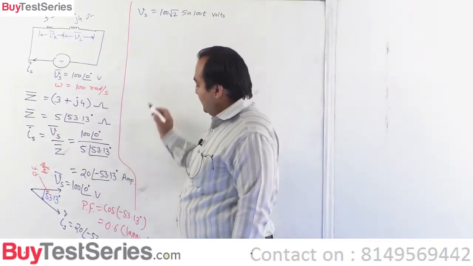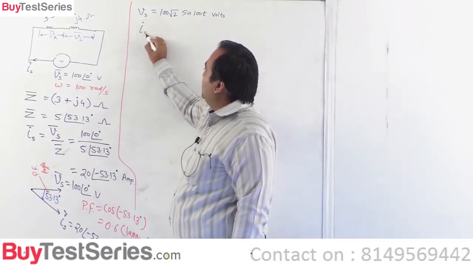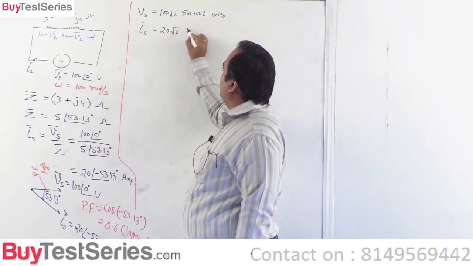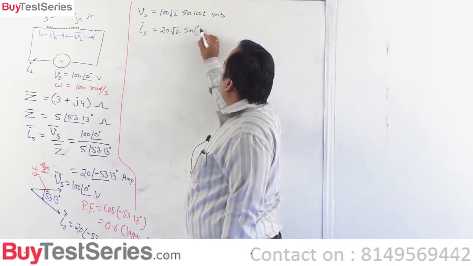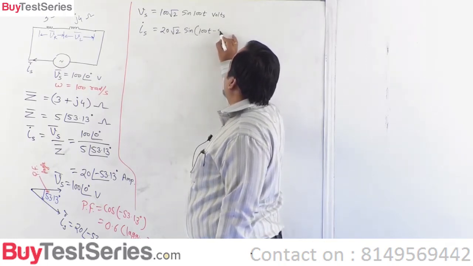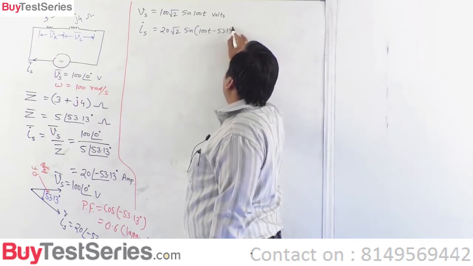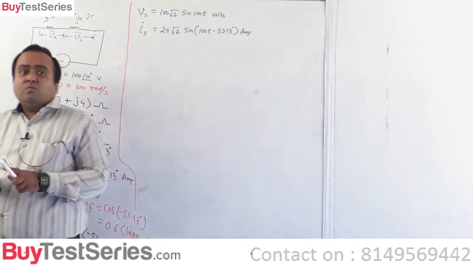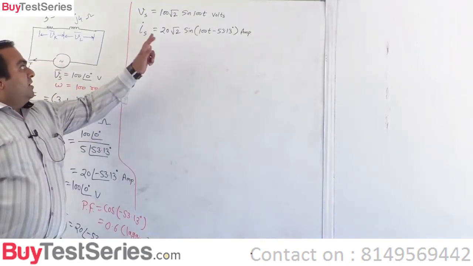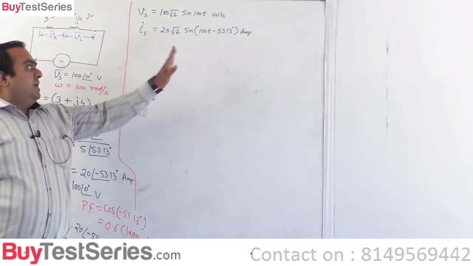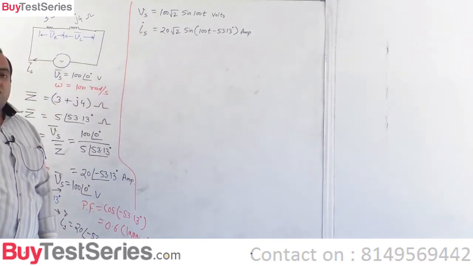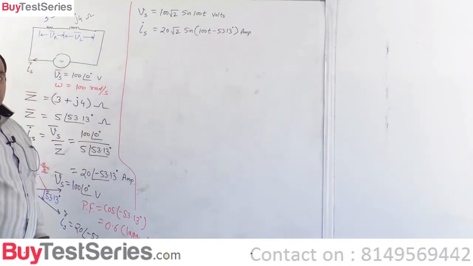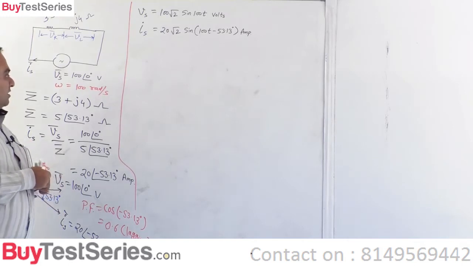If you want to write Is here, so Is will be 20 is the RMS value, root 2 sine 100t minus 53.13 degrees amperes. Is this okay? So the supply voltage is 100 root 2 sine of 100t and the supply current is this. Alright, this is how we can represent voltages and currents as a function of time. Is this okay? Now we can do the further calculations.